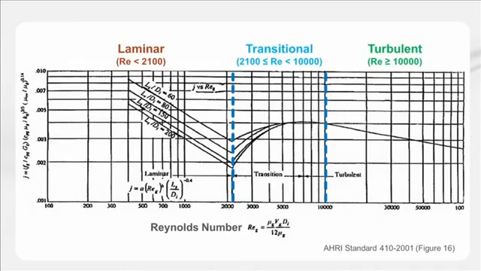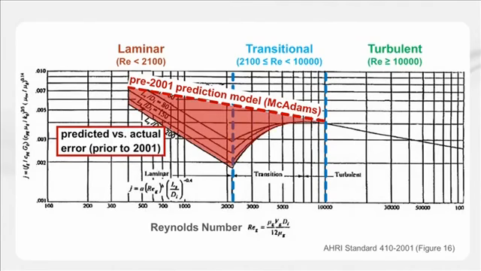From 1964 to 2001, the coil performance models in this standard were based on the McAdams equation for water film heat transfer coefficients inside smooth tubes, which is accurate in the turbulent region, but begins to lose its accuracy when the Reynolds number drops below 10,000 into the transitional region, and even more so in the laminar region. The industry had long recognized this inaccuracy through field experience, which justified this fear of laminar flow.